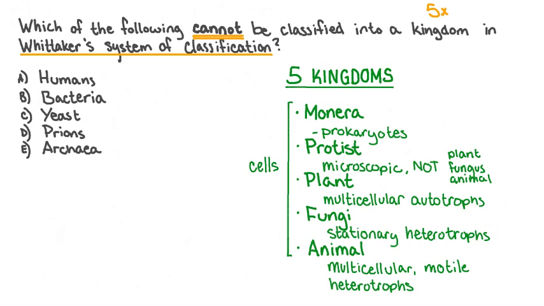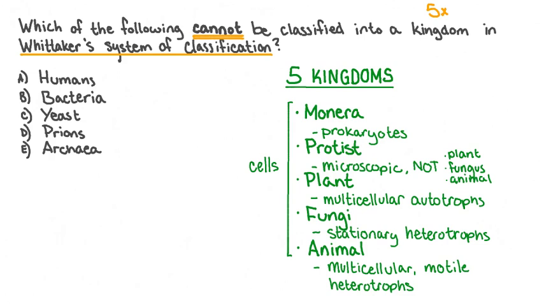The Protist kingdom was devised to encompass microscopic life that is neither plant, fungus, nor animal. The plant kingdom generally includes all multicellular autotrophs, which are separate from heterotrophic fungi that do not photosynthesize. And multicellular heterotrophs that generally move about are considered animals.